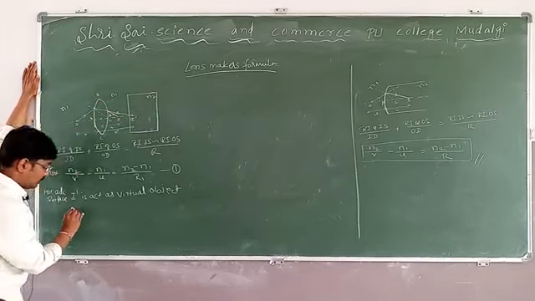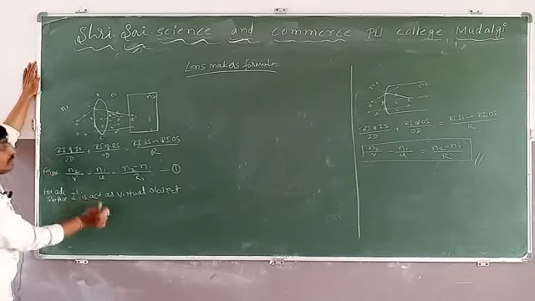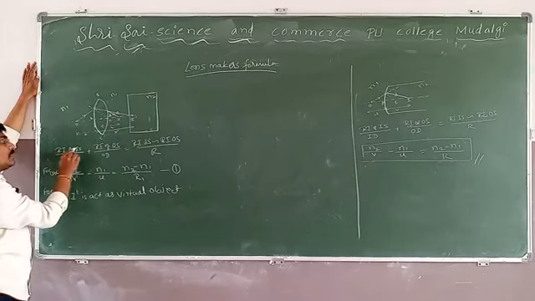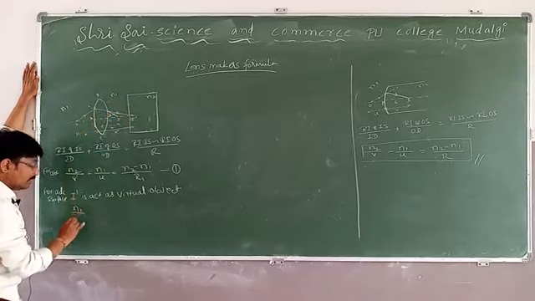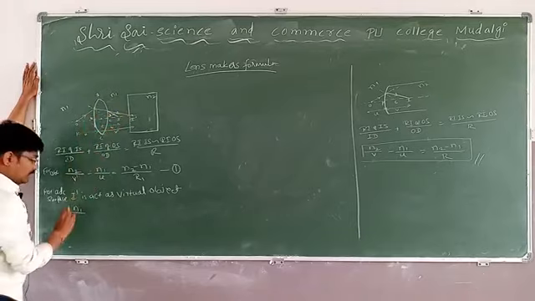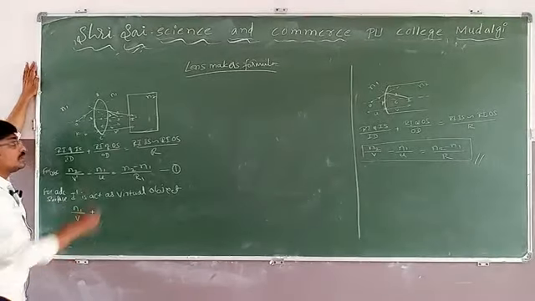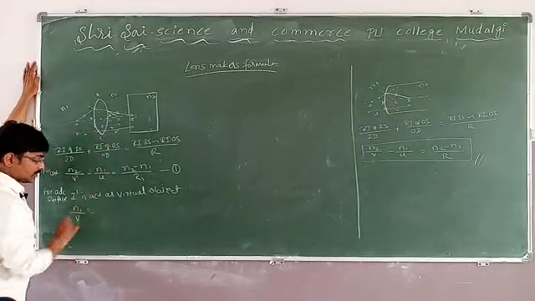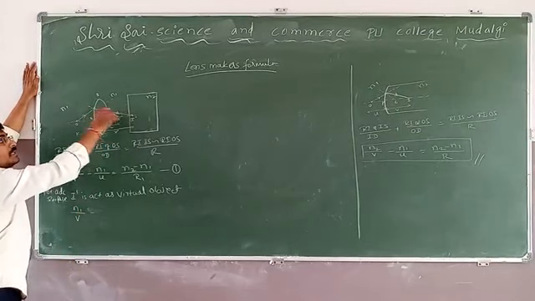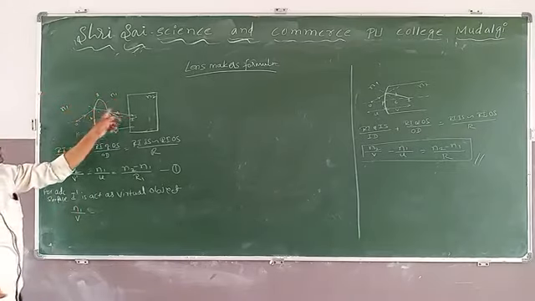Okay, N2 divided by the image distance. The refractive index of the image space, where the image forms, is N1, divided by the image distance V. This is the object distance, therefore minus, because light is incident here and the measurement is here. I consider the measurement in this direction, and the light is in the opposite direction.